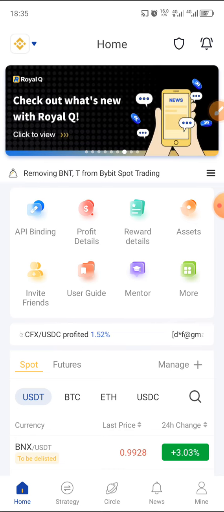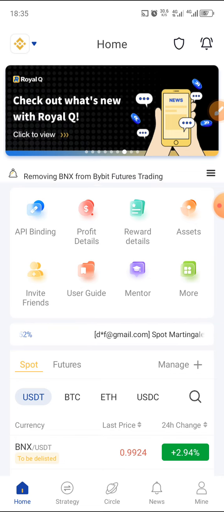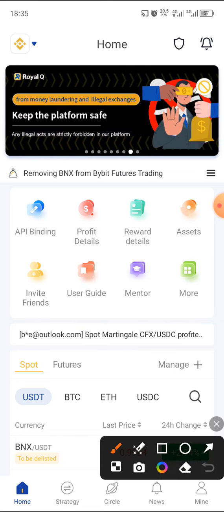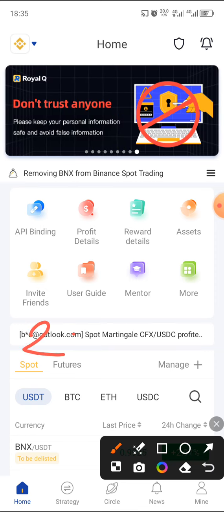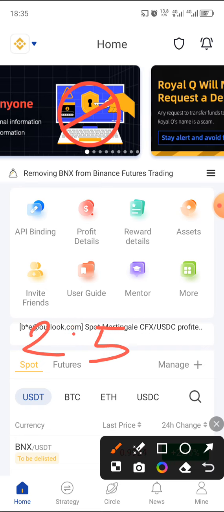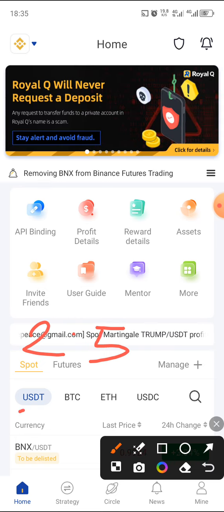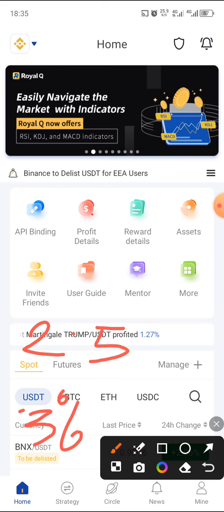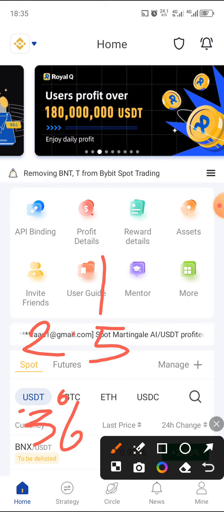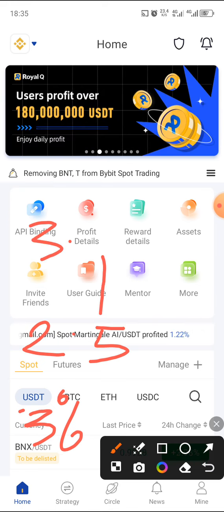Like when you buy a certain coin, you buy it at this price here. Let's say you buy it at $2.5, and your 3% take profit will be somewhere like $3.0.